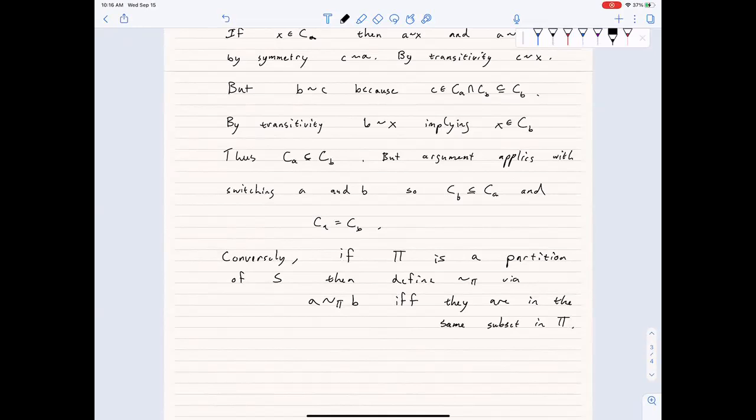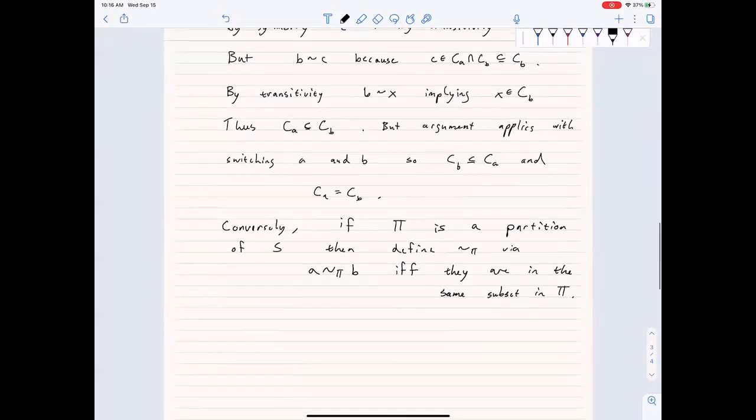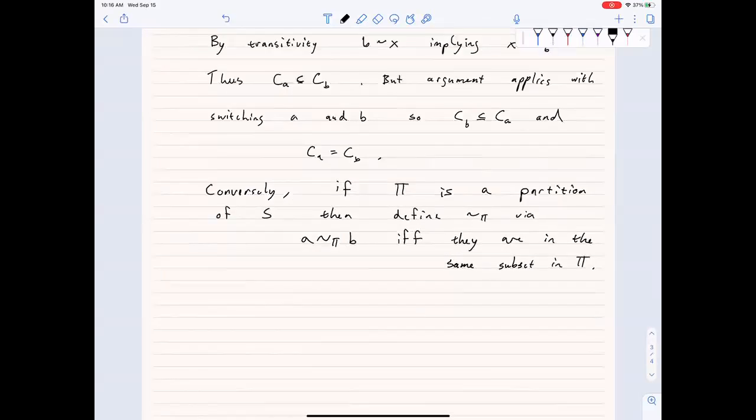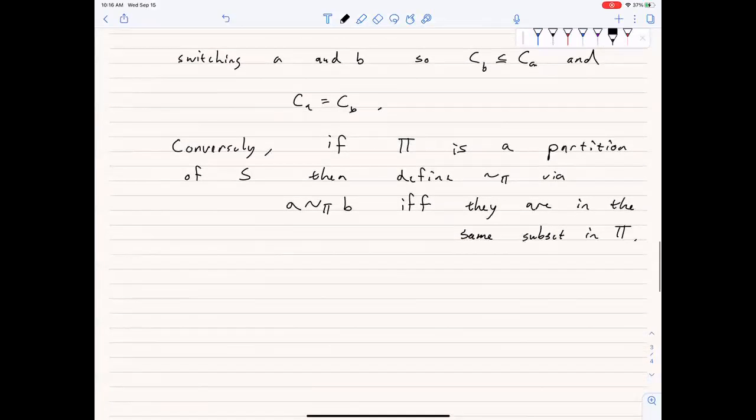Does it make sense? Okay. Knowing that it's a partition says that this actually makes sense.